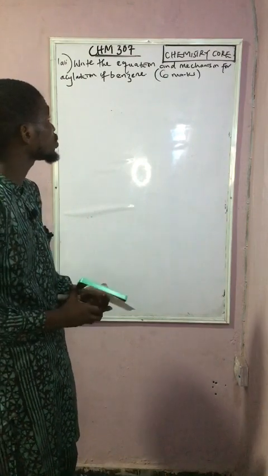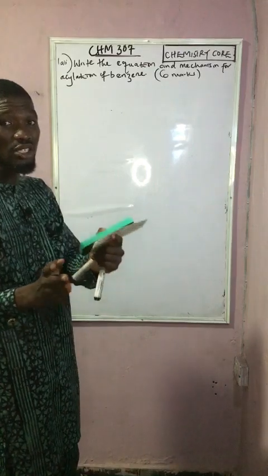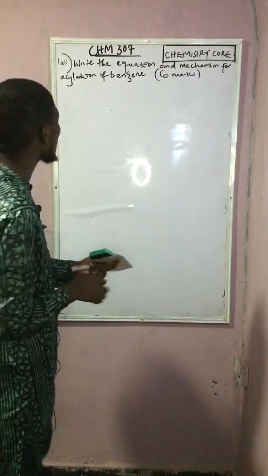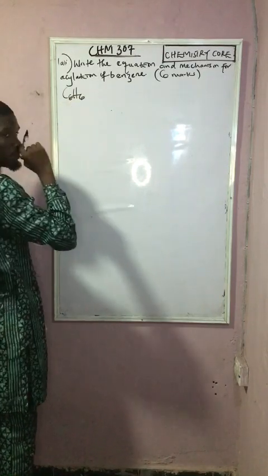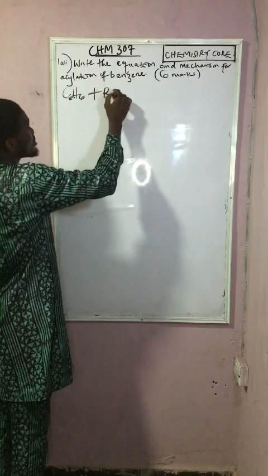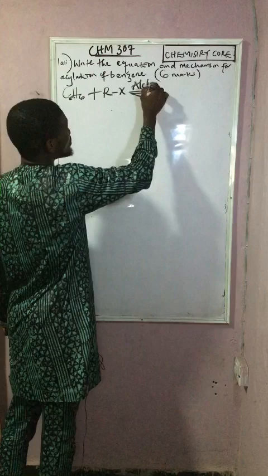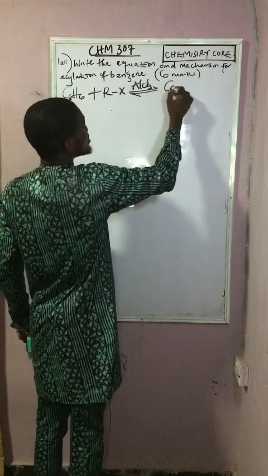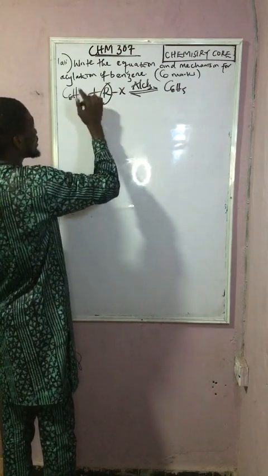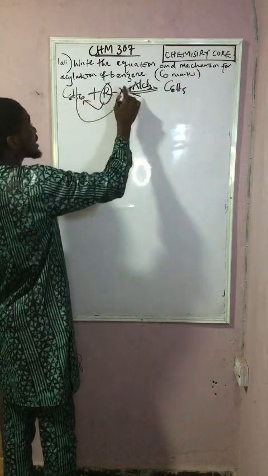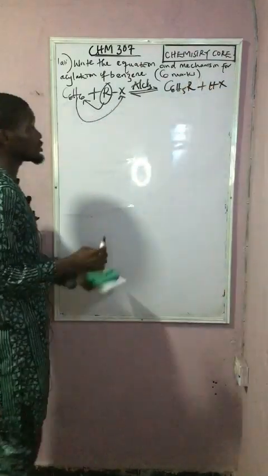So now, if we are to show the mechanism of this acylation of benzene, this is how it goes. The first thing you have to note is, if you are having a benzene, this is benzene plus, I want you guys to look up, the Lewis acid will always be here, and we have this. This here will be attacked by, if one of this is being attacked by X, we'll be having plus HX, and we have what? HR.